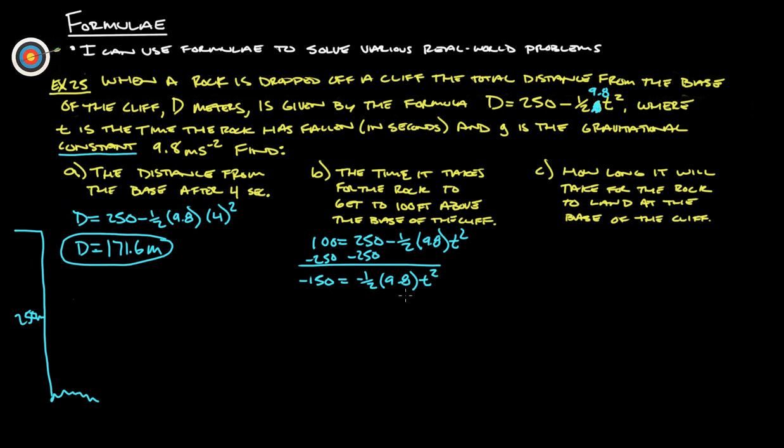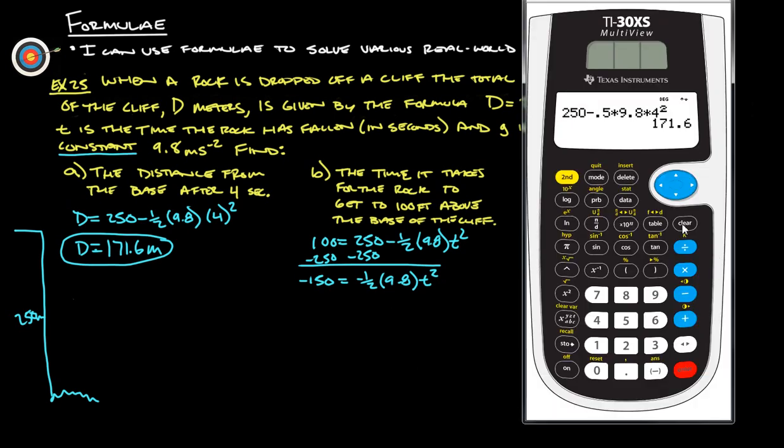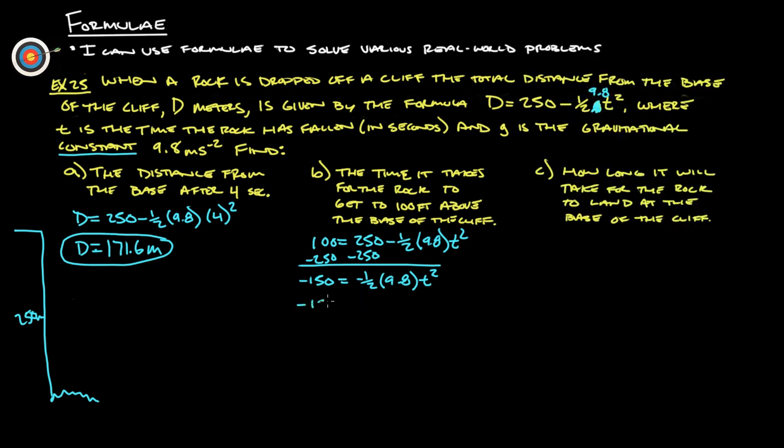Now we want to get rid of the 1/2 and the 9.8. Let's find out what half of 9.8 is. That might make it a little bit simpler. That's 4.9. So we really are doing negative 150 equals negative 4.9 times t squared.